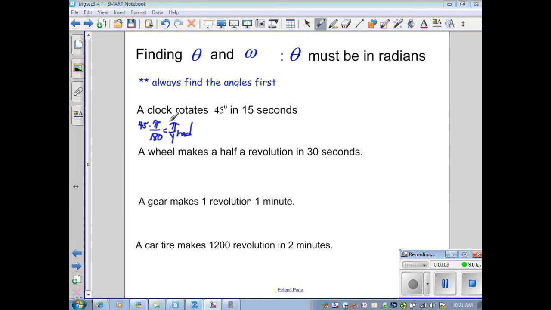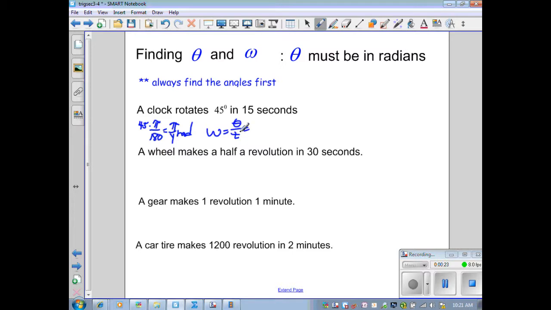Our first example, a clock rotates 45 degrees in 15 seconds. Our first goal is to get our angle measure from degrees to radians. Recall we do this by multiplying 45 degrees by pi over 180. When we simplify, that'll give us pi over 4 radians. Now we need to find omega, and omega is going to be theta over t.